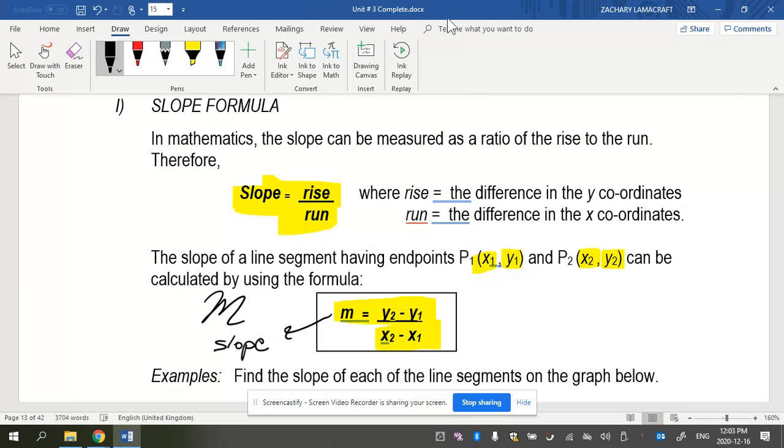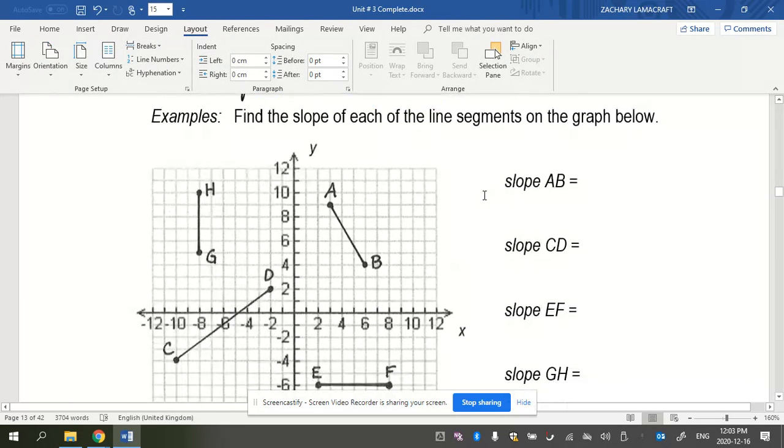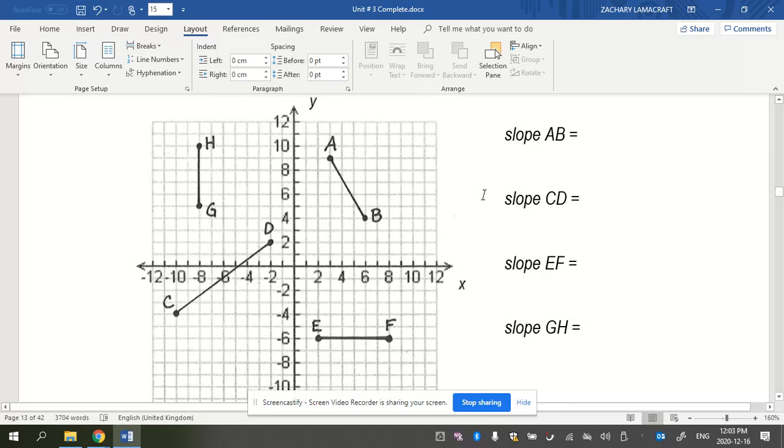All right, if we look at these points below and at the slopes, we're going to do it the way we did in the last lesson and count the blocks, and then I'm going to show you how to do the calculation based on what I just showed you.